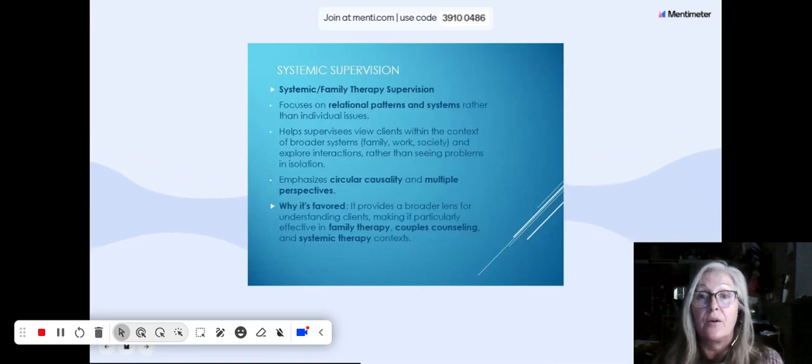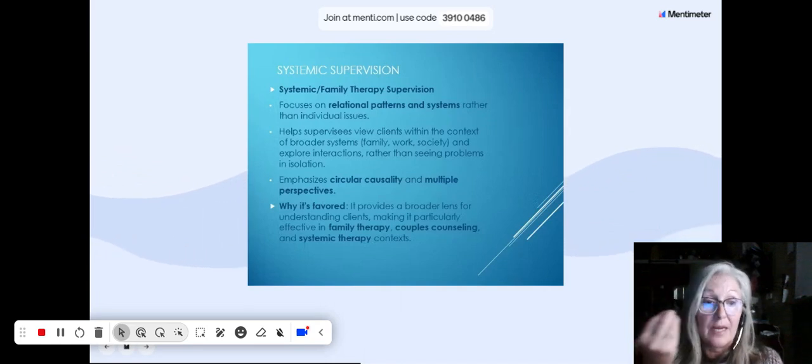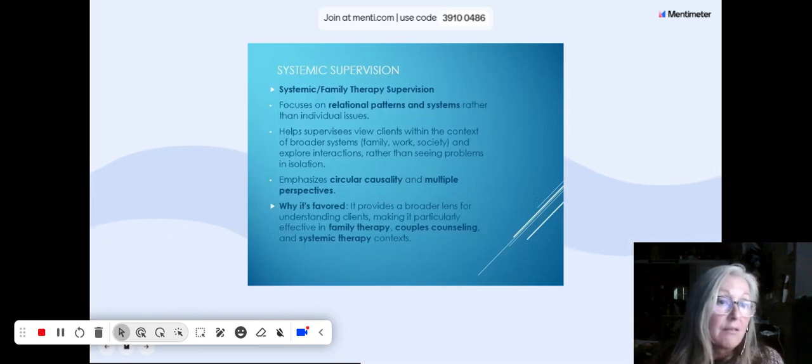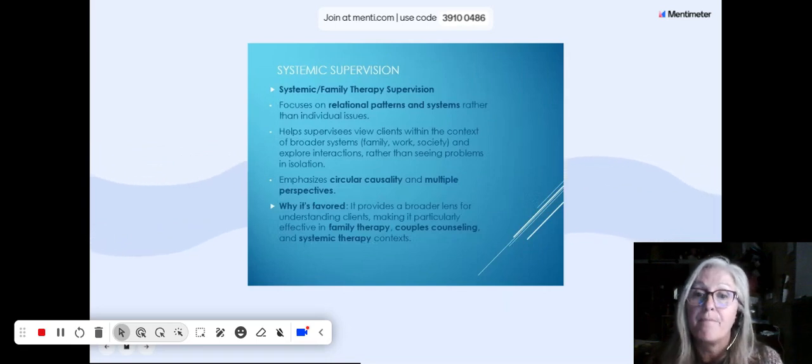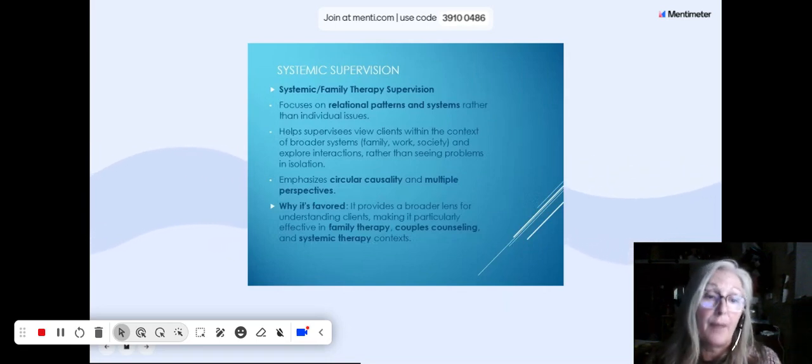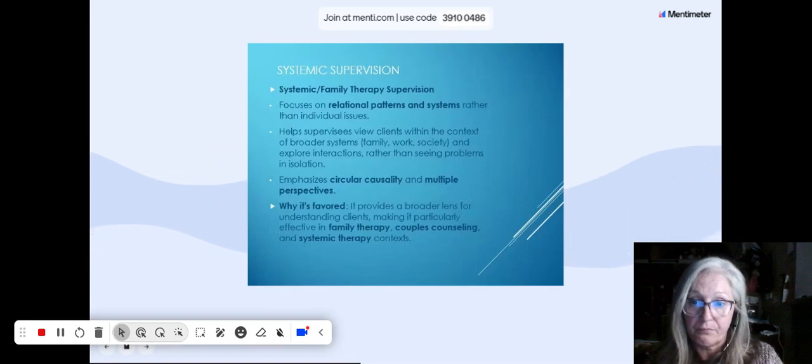It doesn't look at a problem as an isolated issue. If you think of a web, it's part of this connectedness. And so it's always looking for patterns within the system.